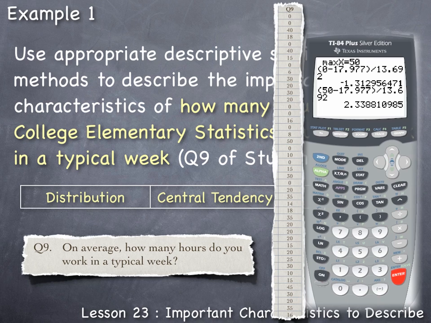The standard score for the maximum data value of 50 hours is +2.34. Although the standard score of 2.34 is unusual, it's not extremely unusual to be classified as an outlier. So 2.34 does not extend beyond the +3 or higher. So in this case, this data sample has no outliers.